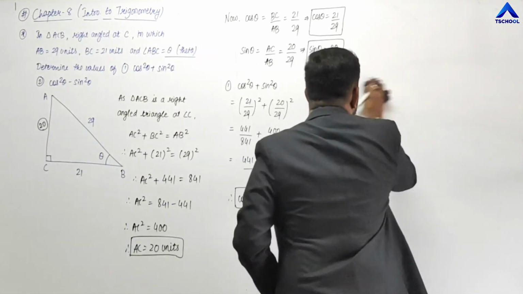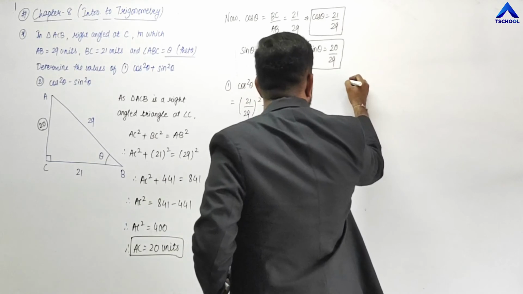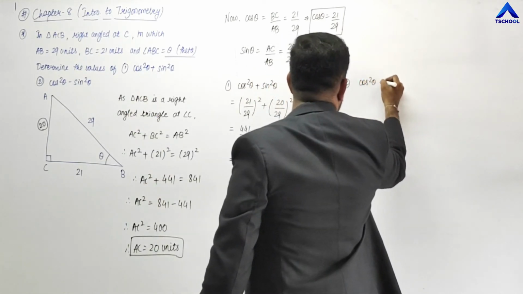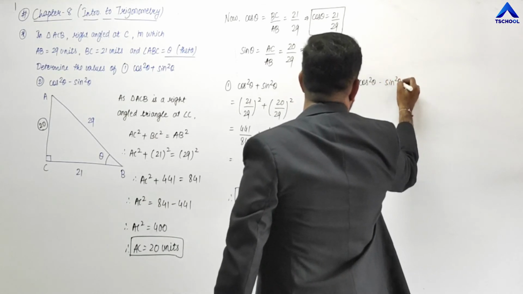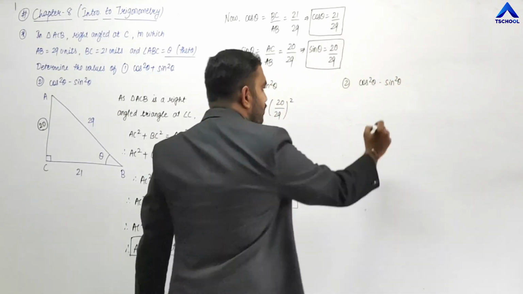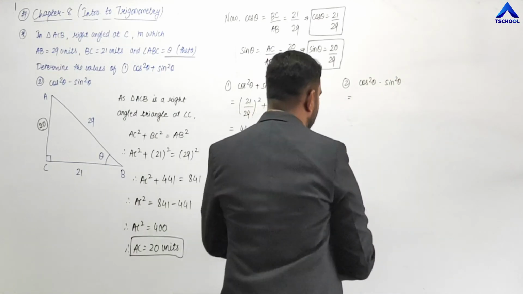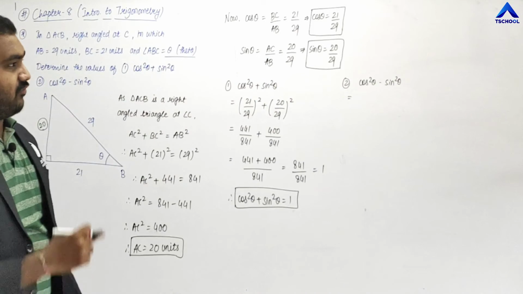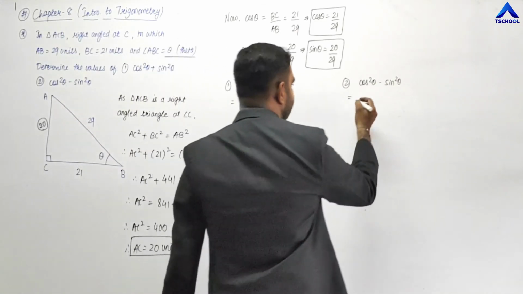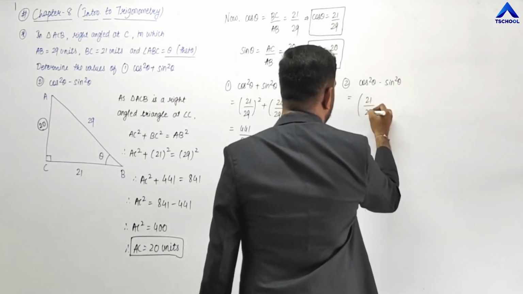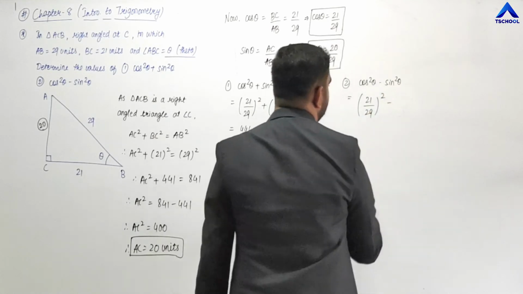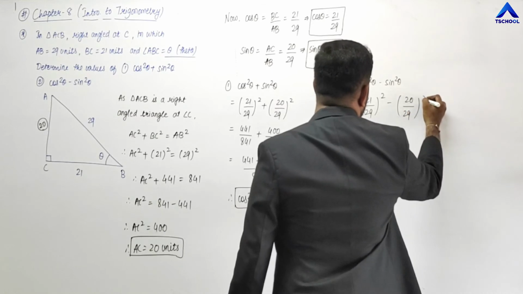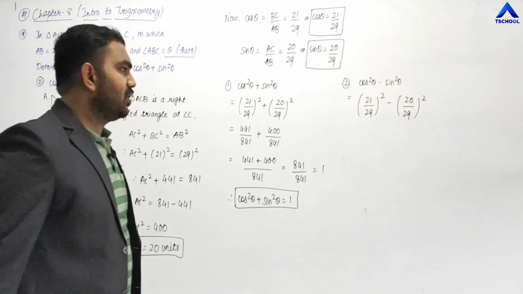Now we need to find out the second one also. So let us see the second also. What is the second question? Cos square theta minus sin square theta. Again, let us put down the values here. Cos square theta. What is cos square theta? We don't have, but we have cos theta, that is (21 by 29) whole square minus sin theta, that is (20 by 29) whole square.